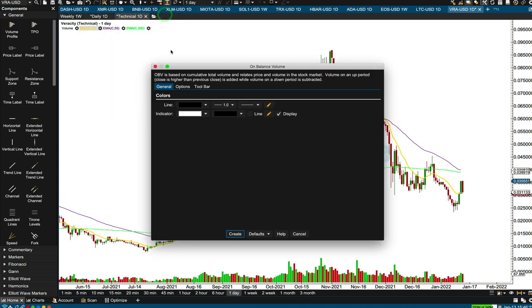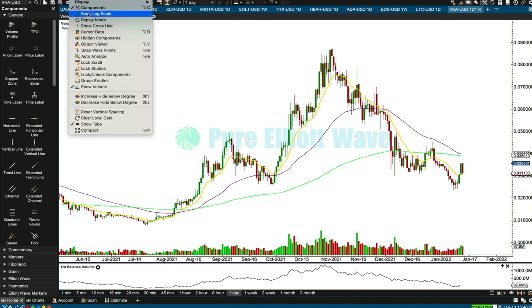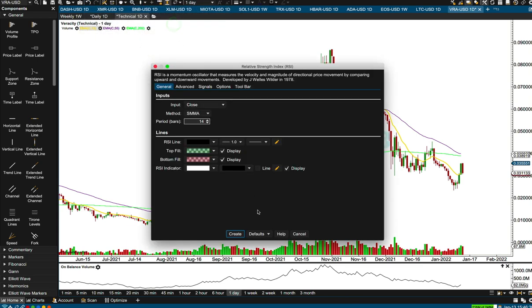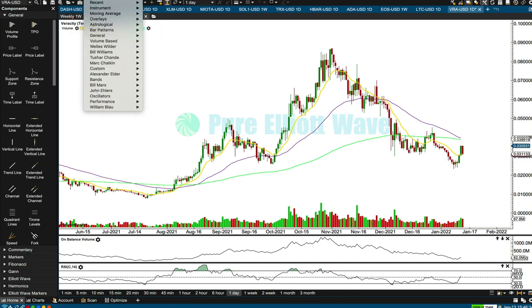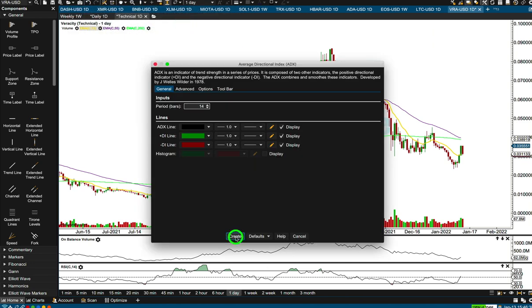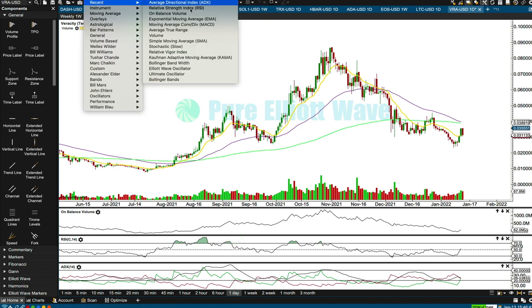On balance volume, and we want RSI, all the defaults, and we want ADX. Yep. And finally, stochastics. Where's stochastics?